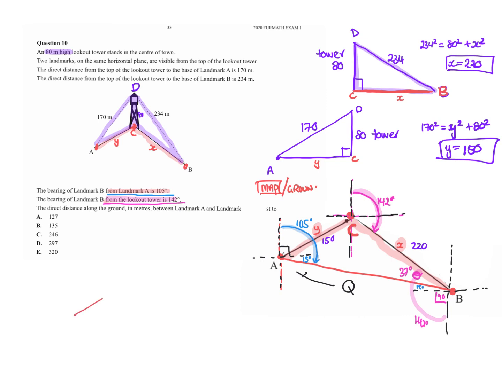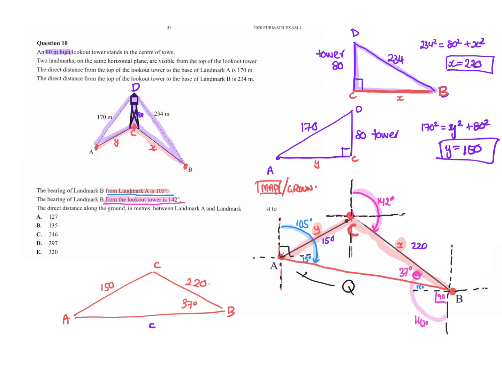So it's getting quite crowded. So now I'm just going to draw a simpler triangle. And I know that's 37. I might call this C, this is B, and this is A. And I know that this is 150, and I know this is 220. So I'm actually trying to find this side here, so little c.